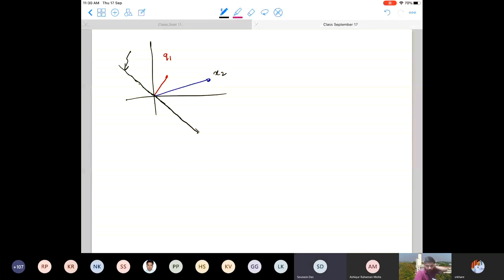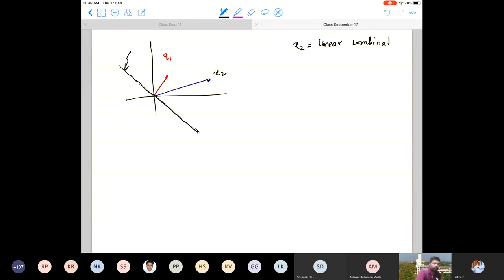Now, in order to obtain the vector q2 on this line, what will you do? You will try to remove the component of q1 from x2. So basically, x2 can be written as a linear combination of q1 and q2.